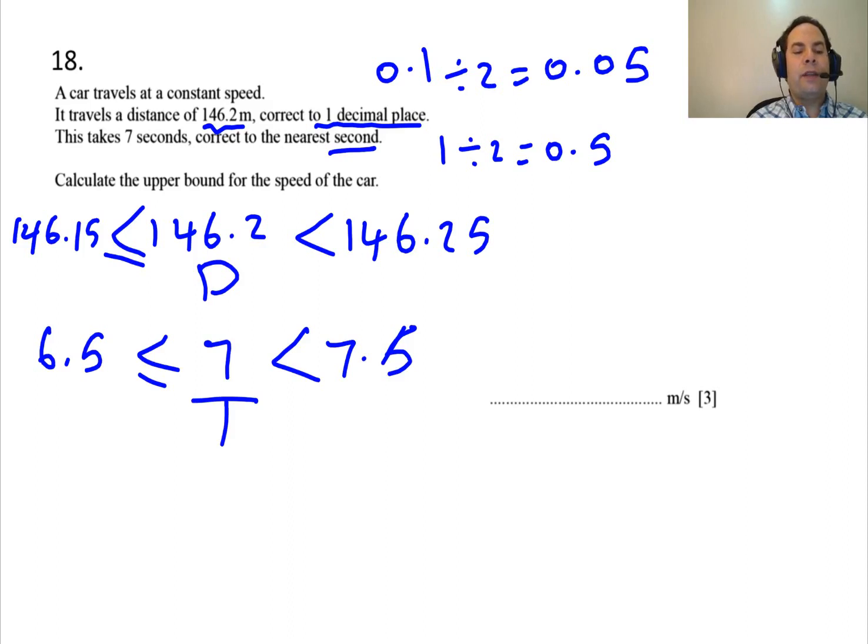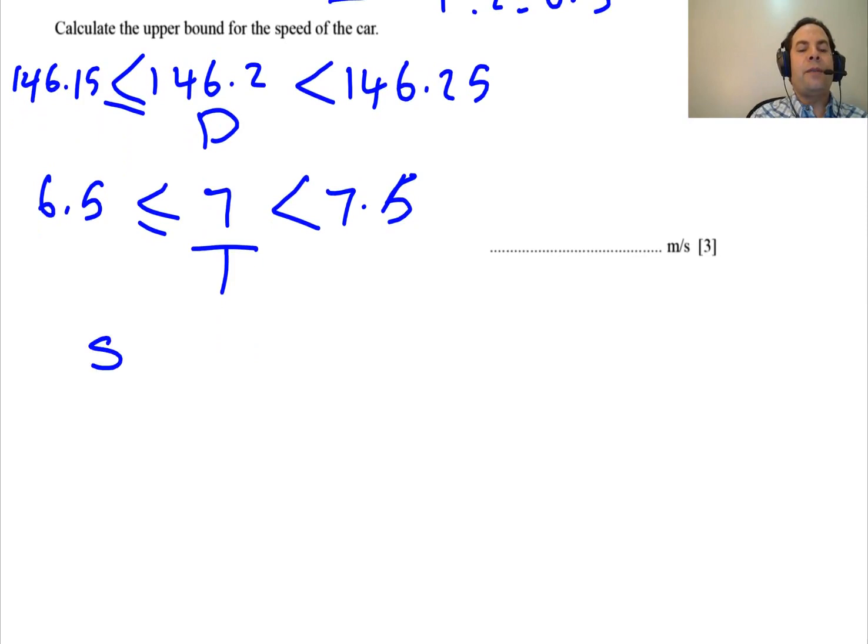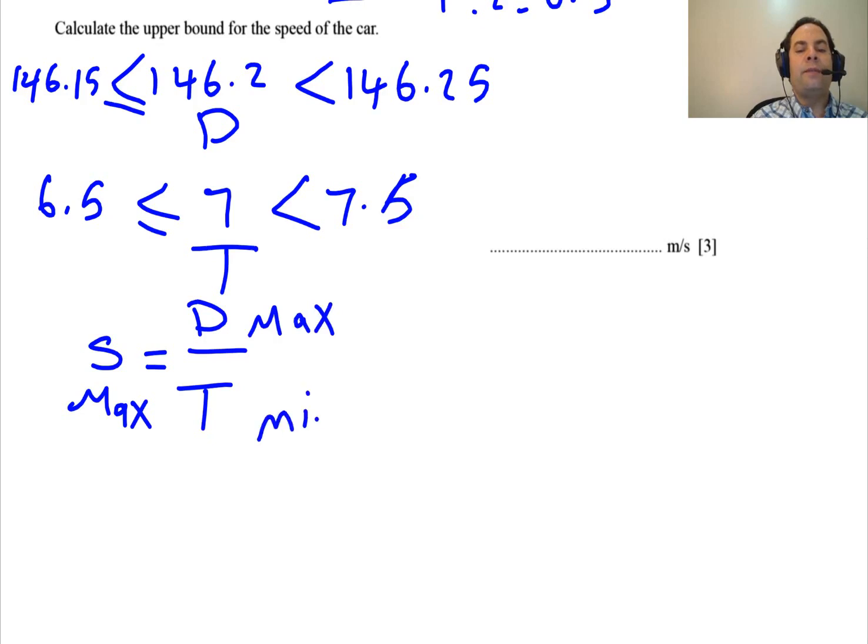Speed. To get the speed, speed is equal to distance over time. But we are asked to get the upper bound of the speed, the maximum speed, so use the maximum distance and the minimum time.